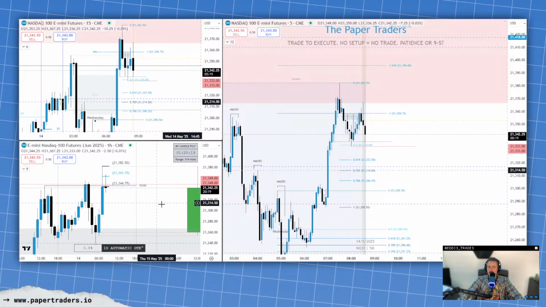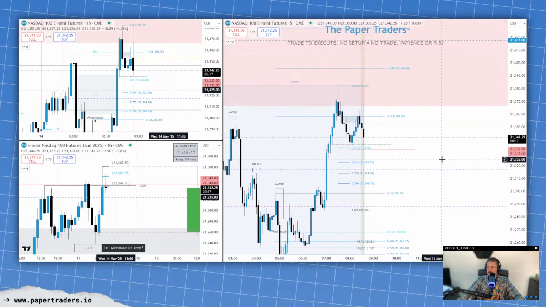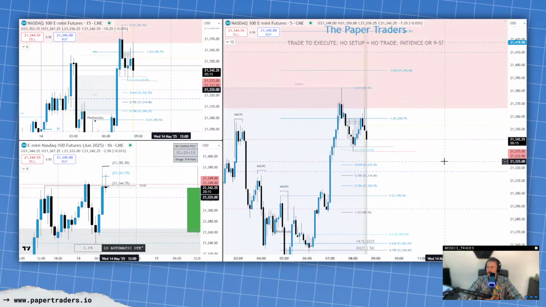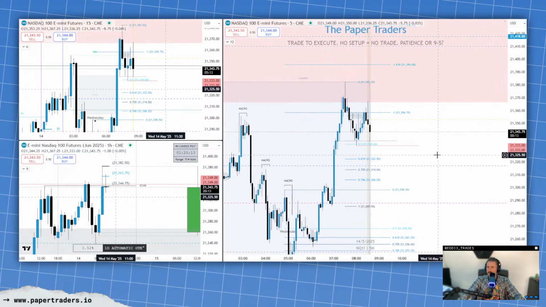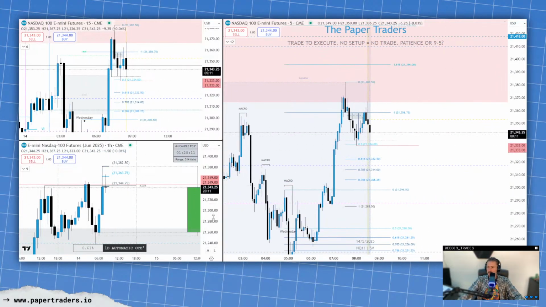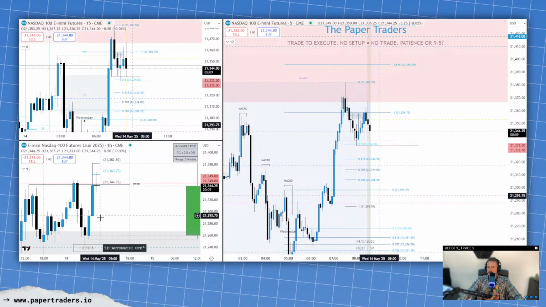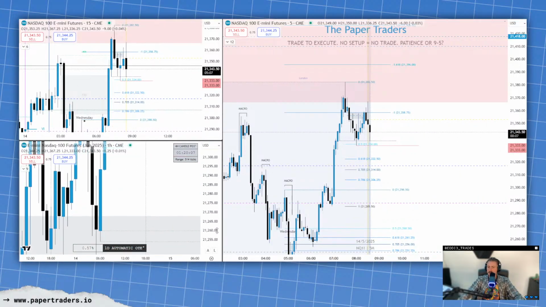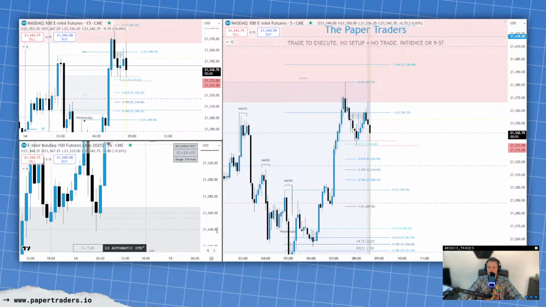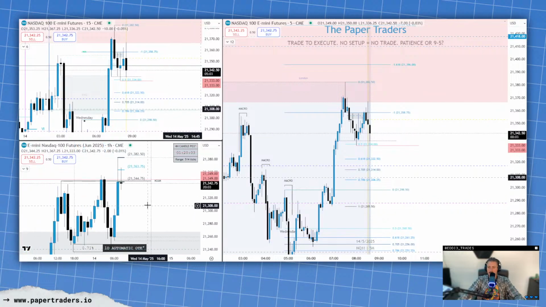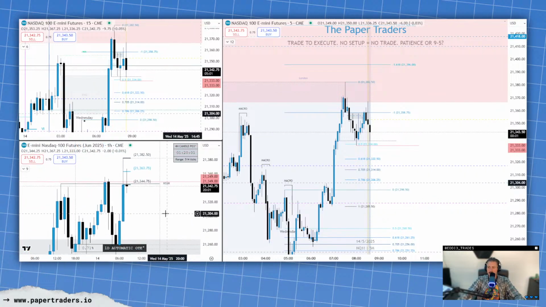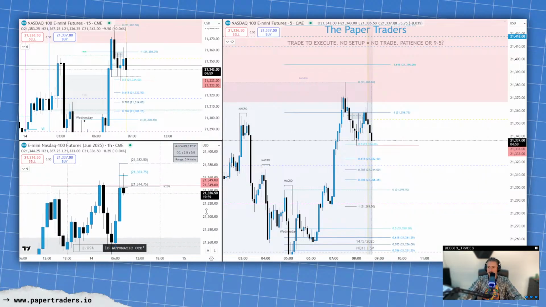Well, let it ride, let it run, let it do its thing. 5 minutes left in the 15-minute candle, and possibly this hourly could come back low, right? This is a little blunt-ish looking on that hour. The fact that we haven't swept the top of it is just the only thing, right?